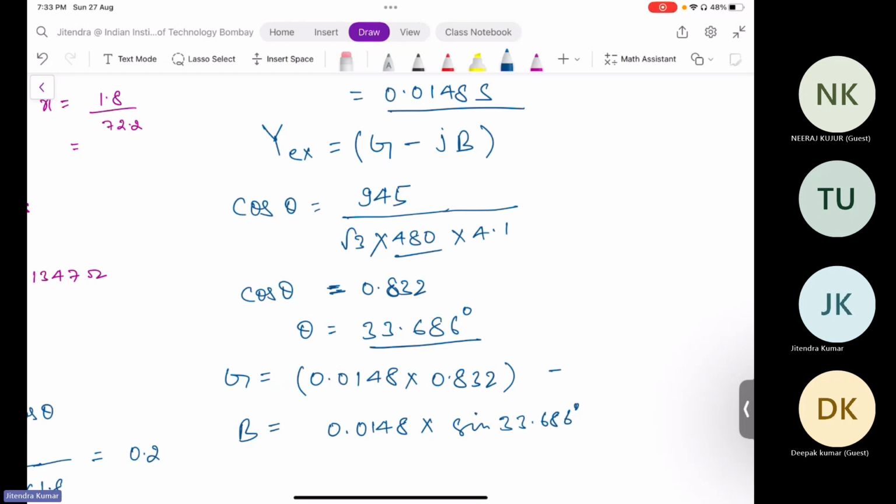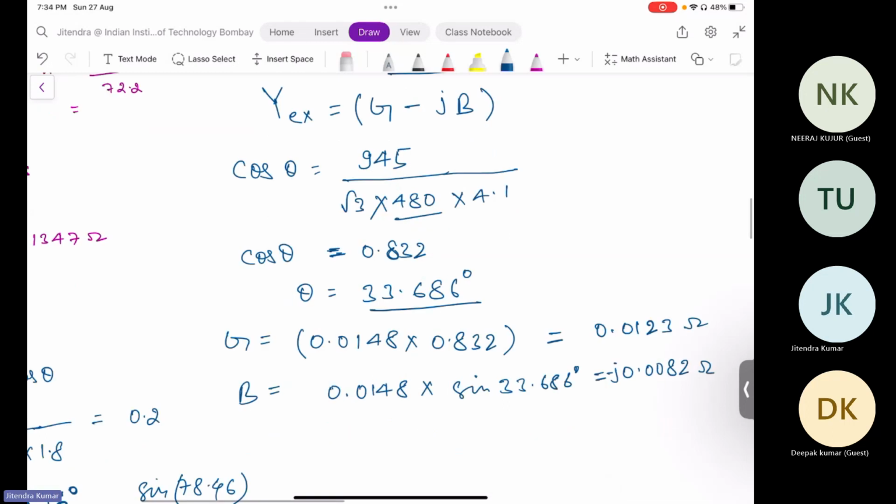How much are the G and B values? I'm calculating, sir. So G is about 0.0123 and B is 0.0082. So these are the actual values, right?